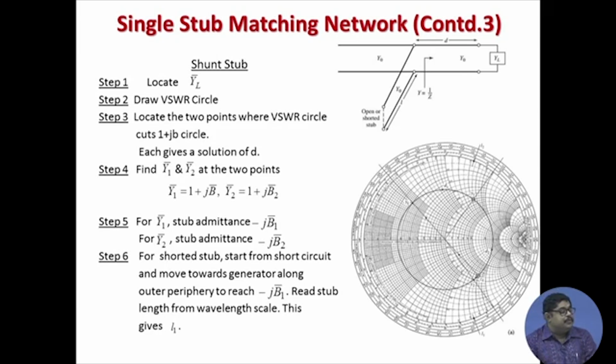Then find these values y1. So, you know there are jB1 and jB2. The stub susceptance will be either minus jB1 or minus jB2. For a shorted stub, start from the short circuit and move towards the generator along the outer periphery to reach minus jB1, etcetera. Please go through, you will understand whatever we have discussed in the Smith chart.